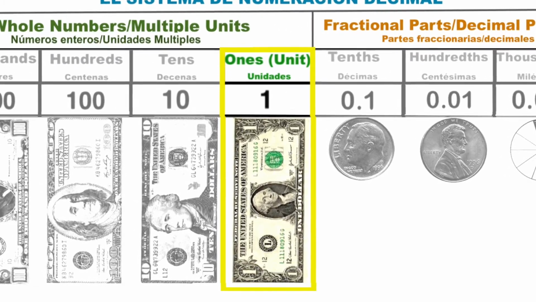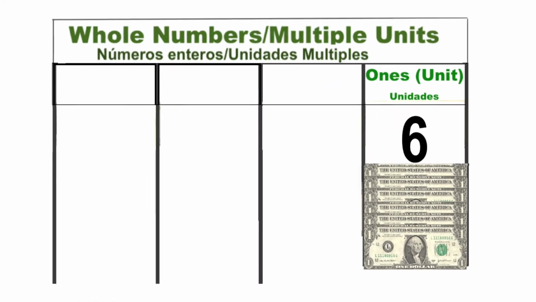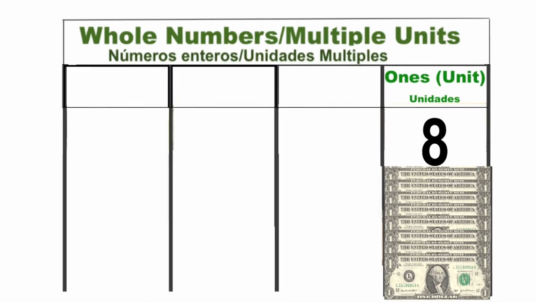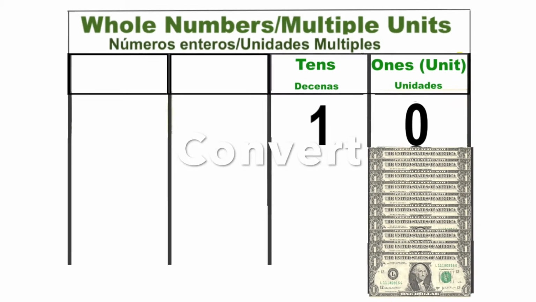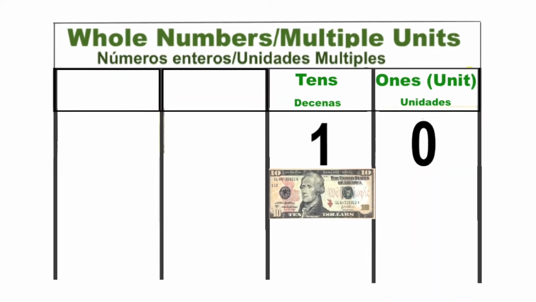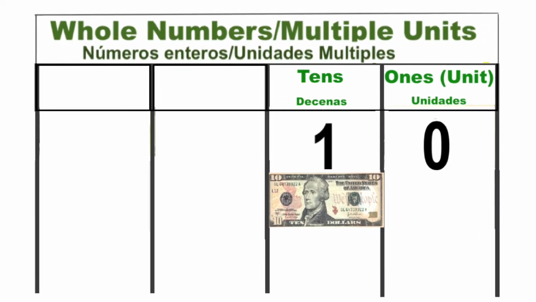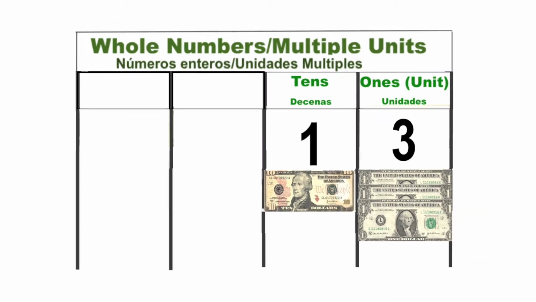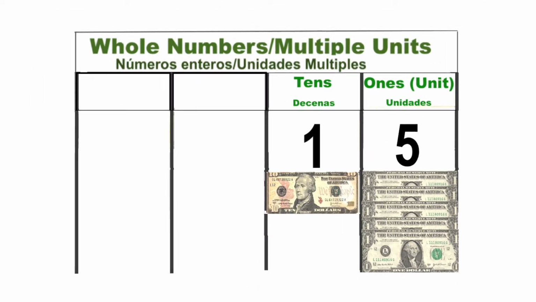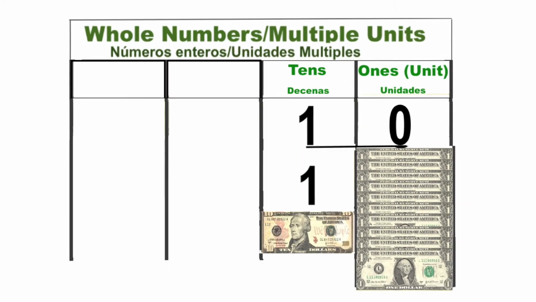Start counting. 1, 2, 3, 4, 5, 6, 7, 8, 9, 10. Convert 10 ones to a 10 for a total of 1 ten, 0 ones. Start counting. 11, 12, 13, 14, 15, 16, 17, 18, 19, 20.